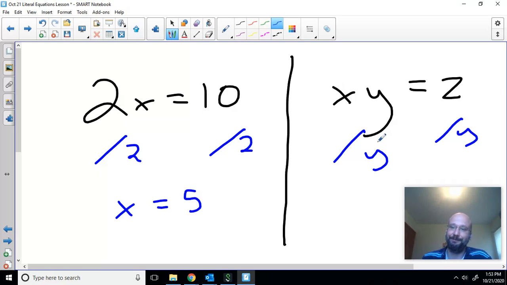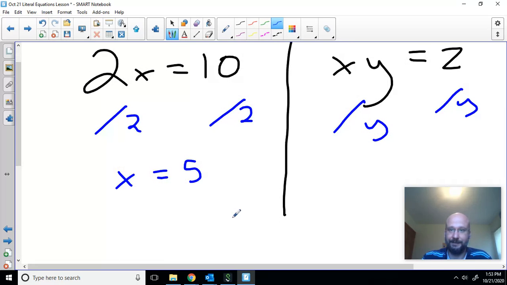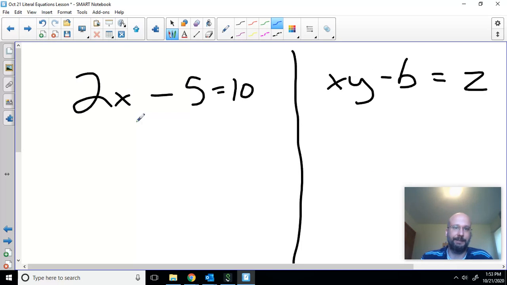So slightly different on this one, we divided by y from both sides. Since we can't simplify this like we did here, we have to write it as the fraction, z over y. We'll get another example of that when we get to the next one.